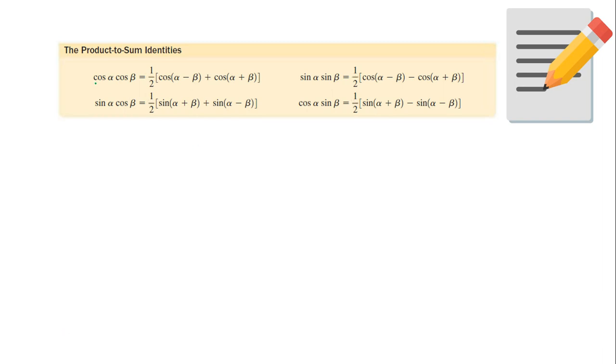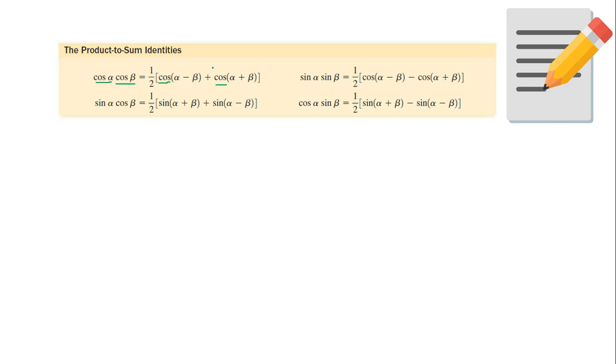So if I have cosine alpha times cosine of beta, I'm going to have one half times the quantity cosine of alpha minus beta plus cosine of alpha plus beta. So that's one of them. This is going from a product to an expanded sum. Simplified, expanded, right?